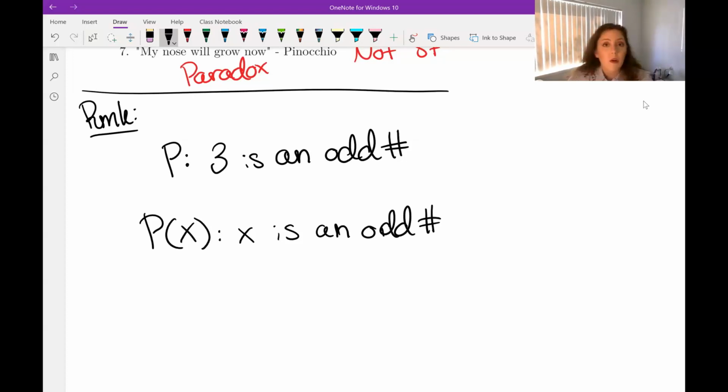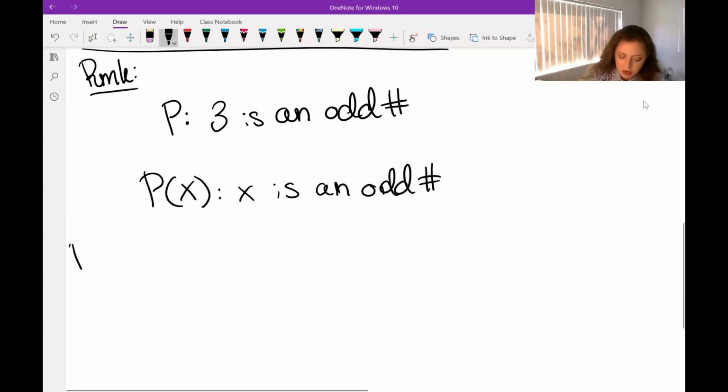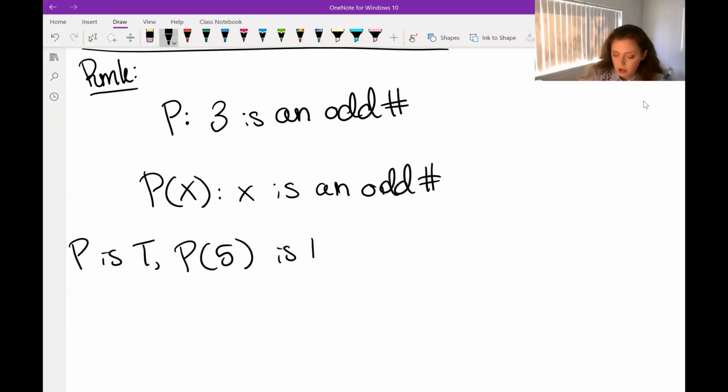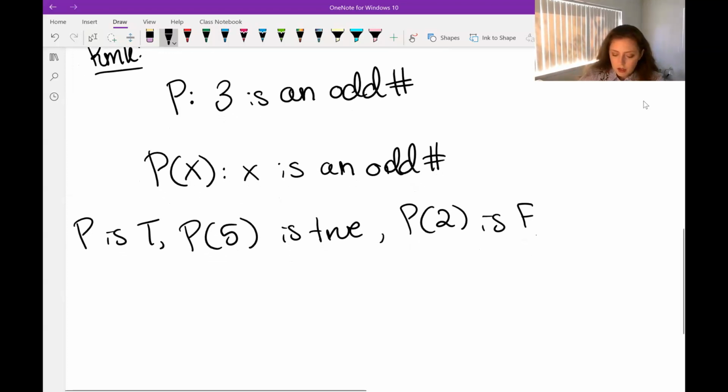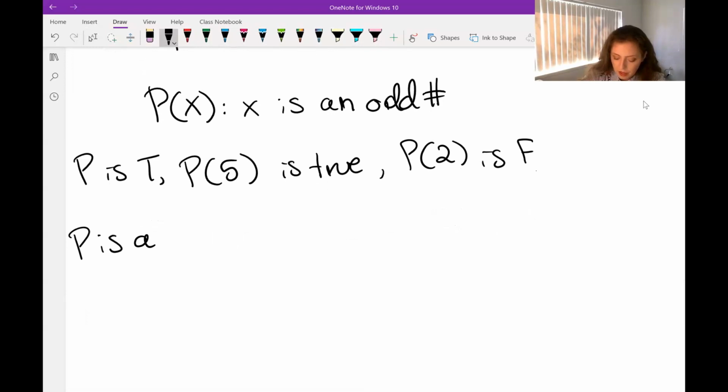And so once again, we would only be plugging in things that make sense. Let's say P of 5 is true, and P of 2 is false. Okay. So we call this P up here a quantifier in this situation. So P is a quantifier.